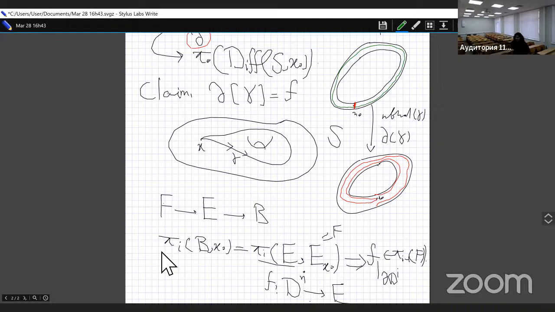So the image of the green circle will still be the green circle, but this point will go to the circle. The lines should not intersect, but it's really hard to draw.